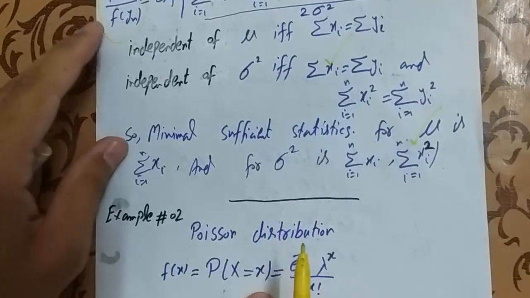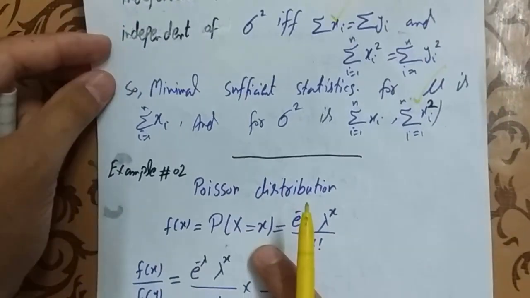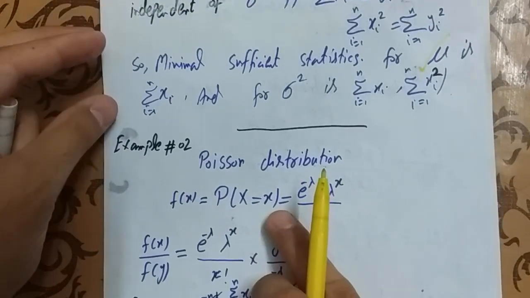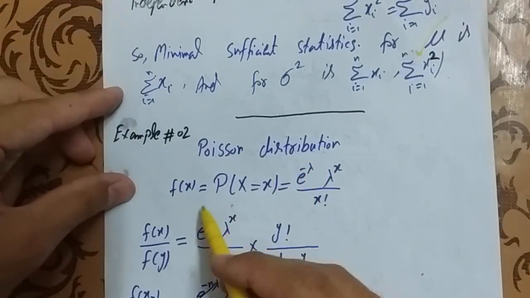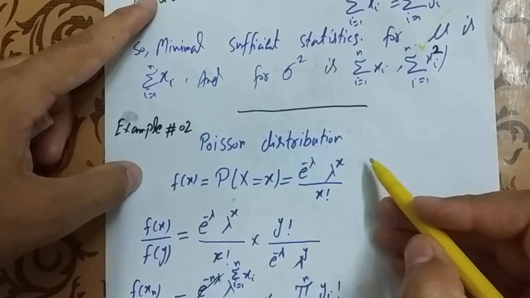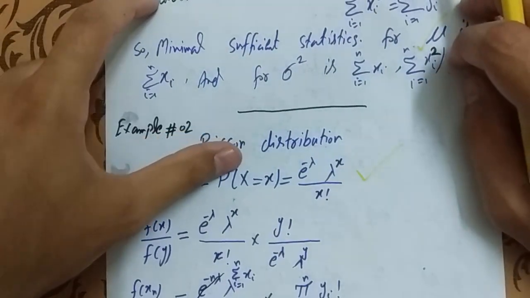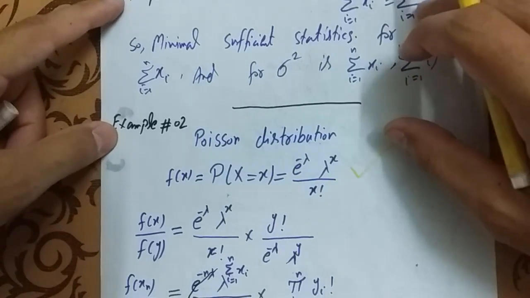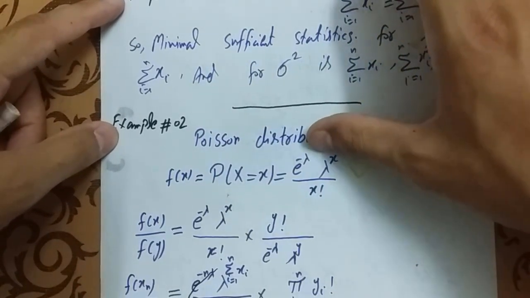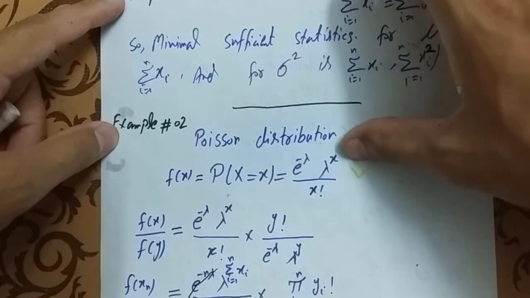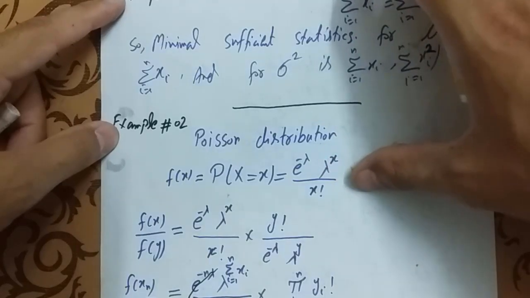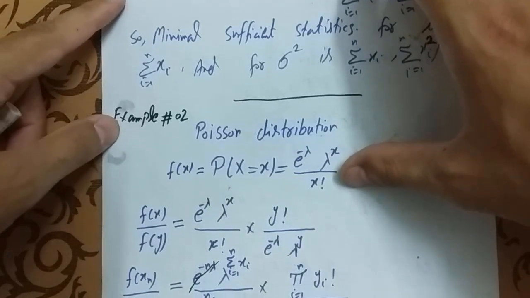Now next is the Poisson distribution. The probability distribution function for the Poisson distribution is f of x, which is equal to P of capital X equal to small x, which is e raised power minus lambda into lambda raised power x over x factorial.